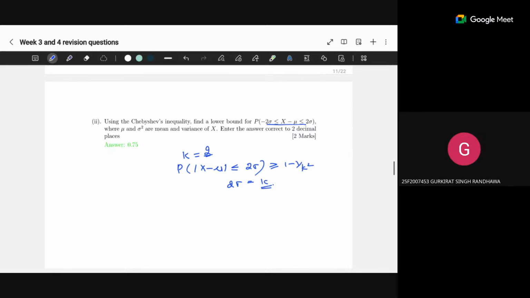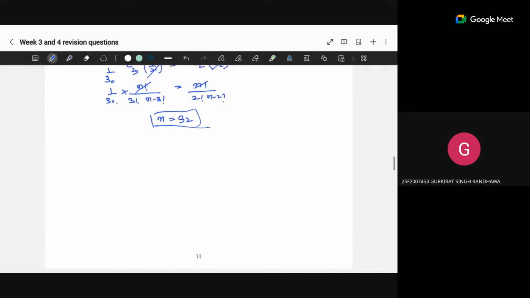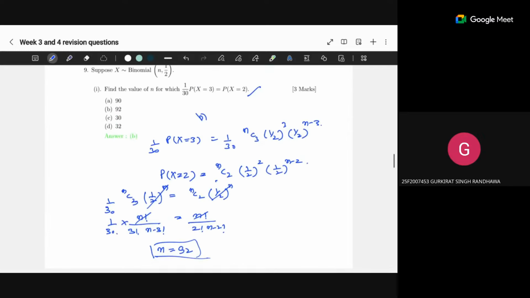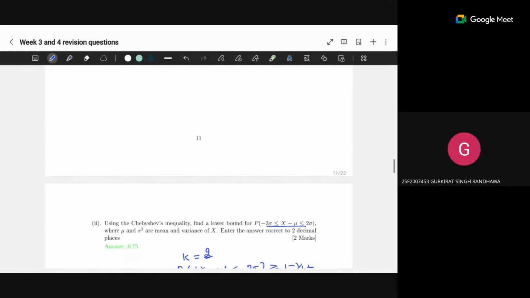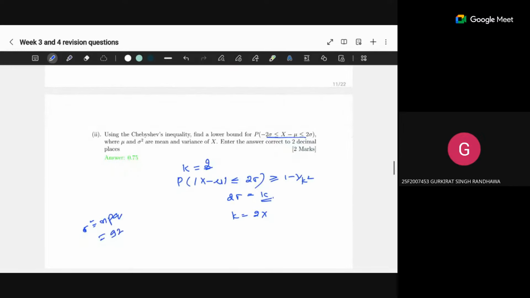So what is my k? K will be 2 into sigma. What is sigma? Sigma is not given, so you have to calculate it. My sigma square is coming out to be npq. N is my 92, so sigma square is 92 into p, which is 1 by 2, into 1 by 2.